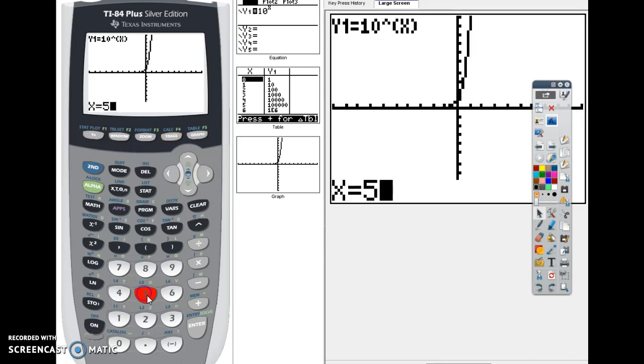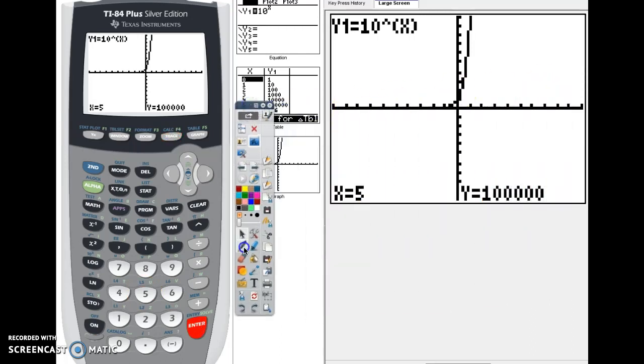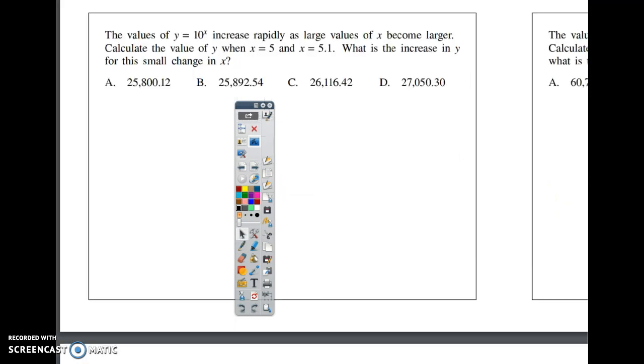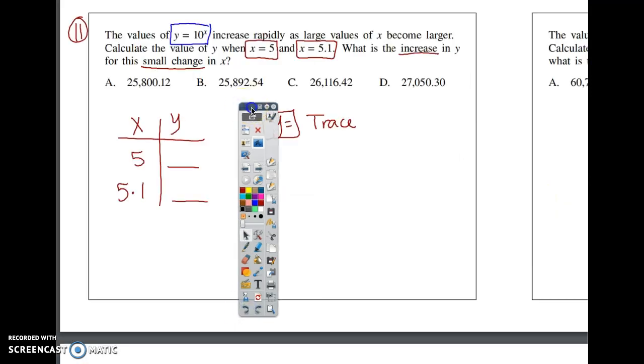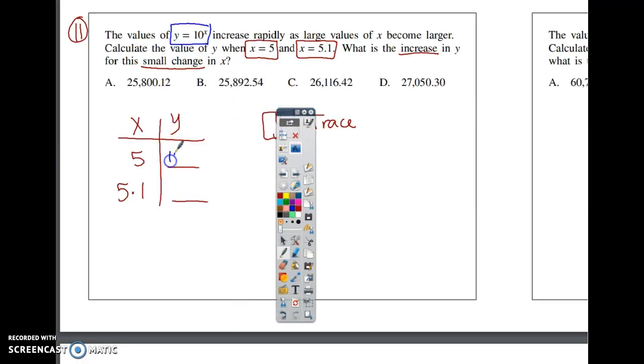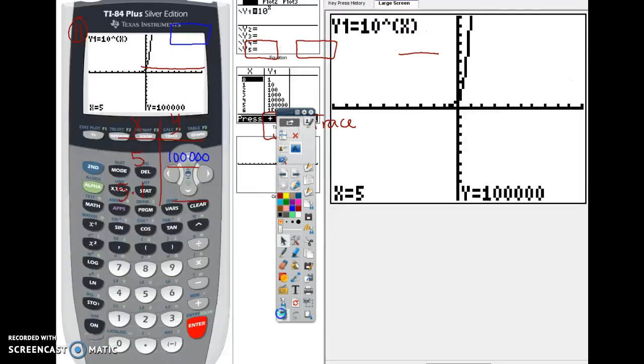So type 5, enter. And write that number down on your table. This is 100,000. So let's write that down on the table. Right here it's 100,000. And then let's go type 5.1 in the calculator.